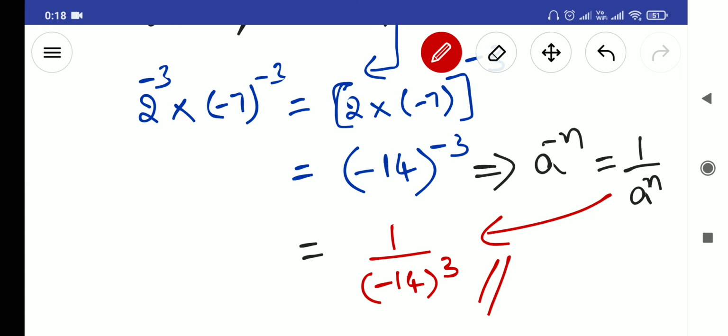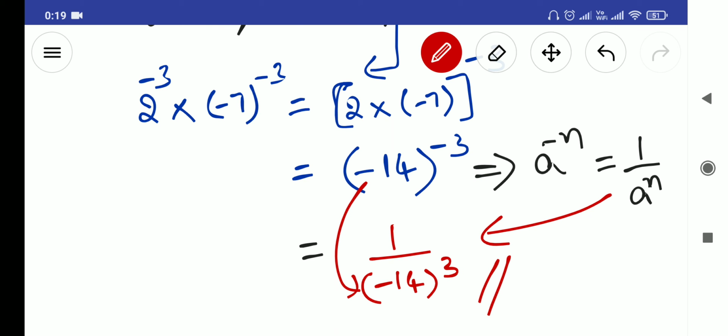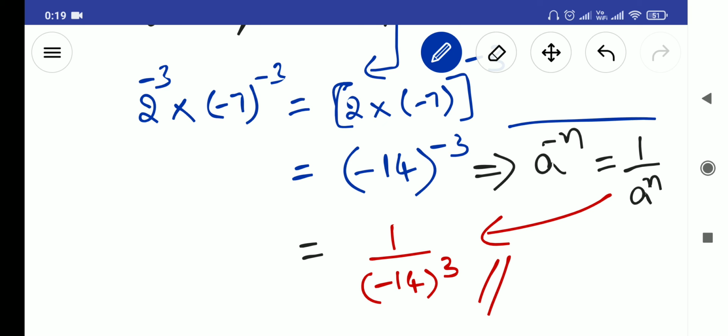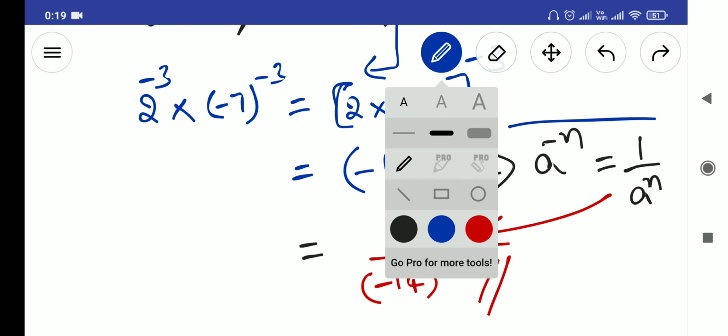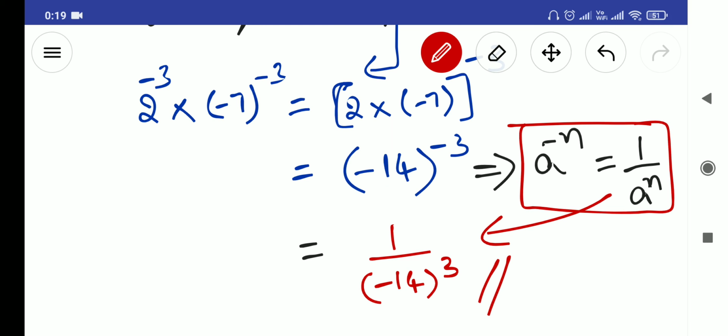Okay, here students will make one common mistake: they will change the sign of this minus 14 to plus 14. We should not do that. Here the base should be written as it is. In this law of exponent, the one which I am keeping now in the box, only the power will be made plus n, that is, minus n becomes plus n, but we should write the base a as it is.